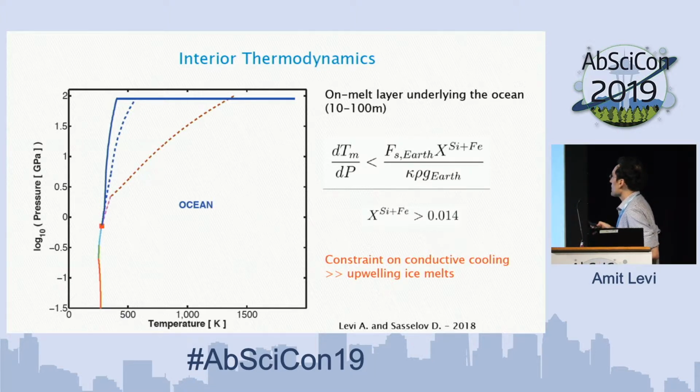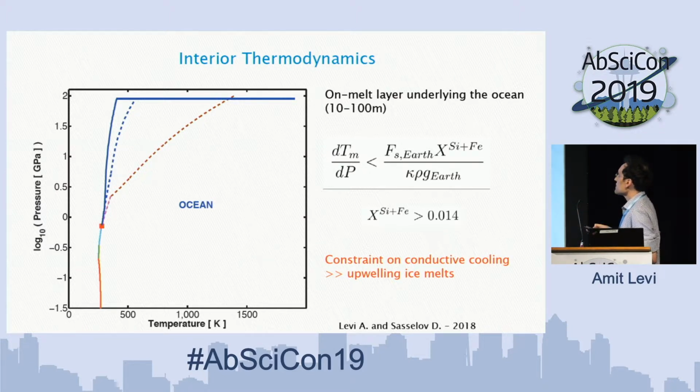And this condition that I've written here is basically saying that if this condition is true, which for these planets is true even if you have tiny fractions of rock in the planet, then basically this is a scaling for the thermal conductivity and the temperature gradient of the melting curve, that the bottom of the ocean, the seafloor, is actually constrained to the melting temperature, the melting curve of high-pressure ice. But being constrained to the melting curve of high-pressure ice places a constraint on your ability to conductively cool.